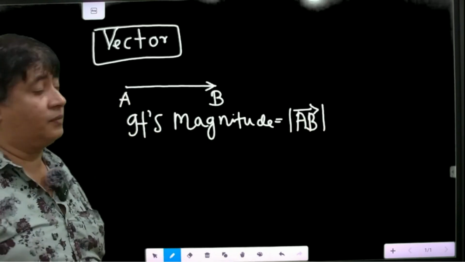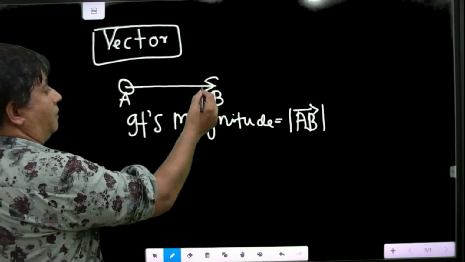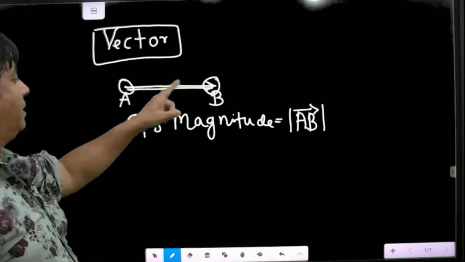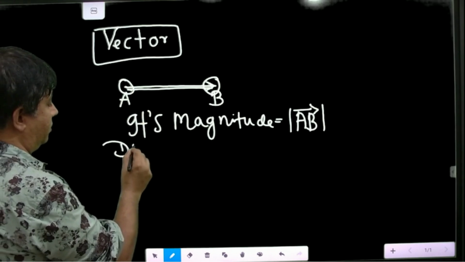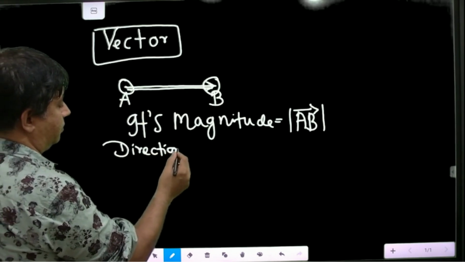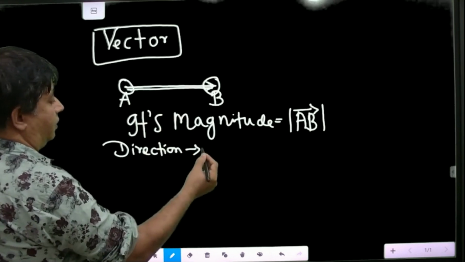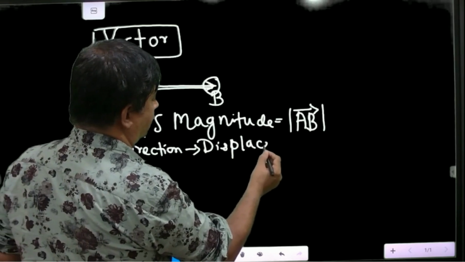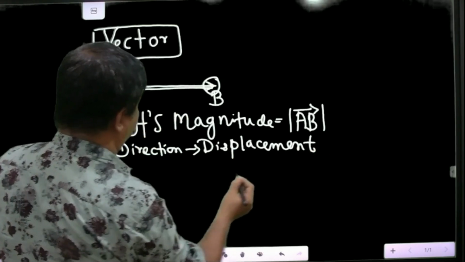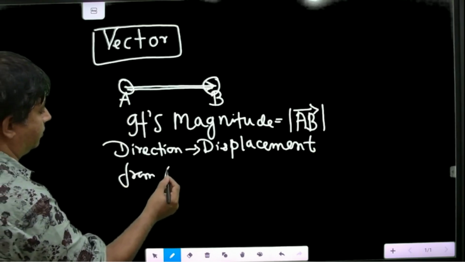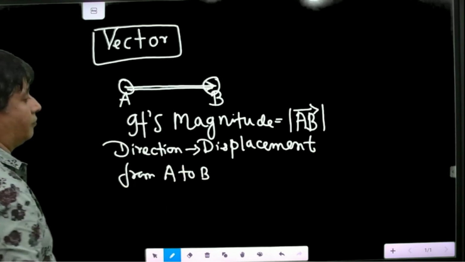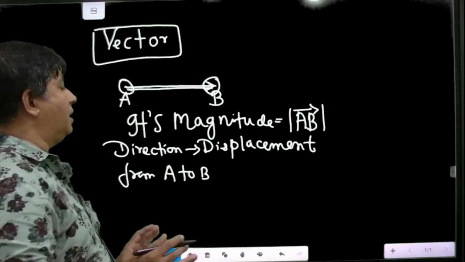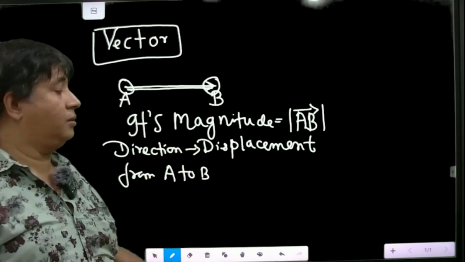And direction, this is the initial position, this is the final position, it displaced from A to B. So this is the direction, the displacement from A to B. Now, this magnitude and direction combinedly give you the definition of vector.